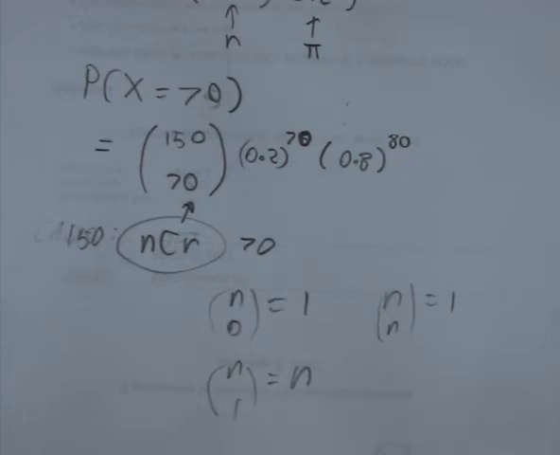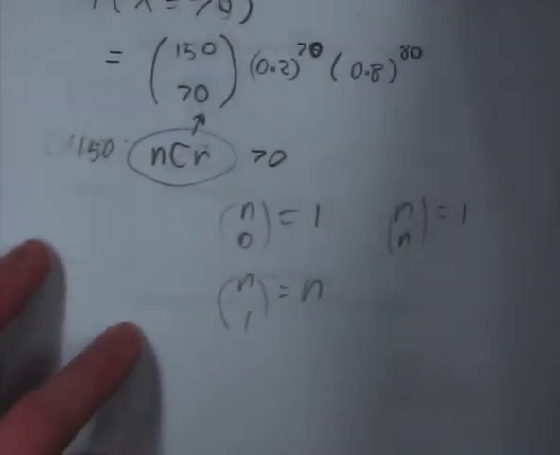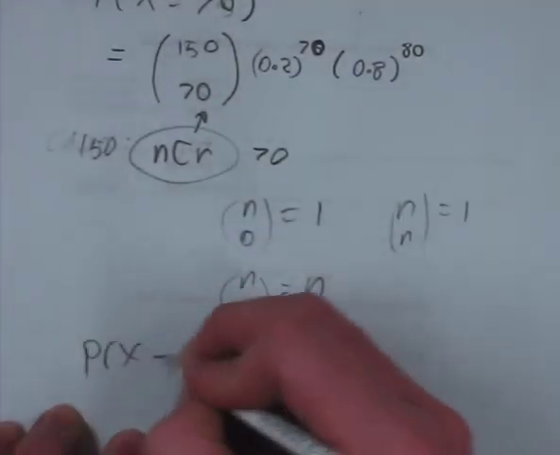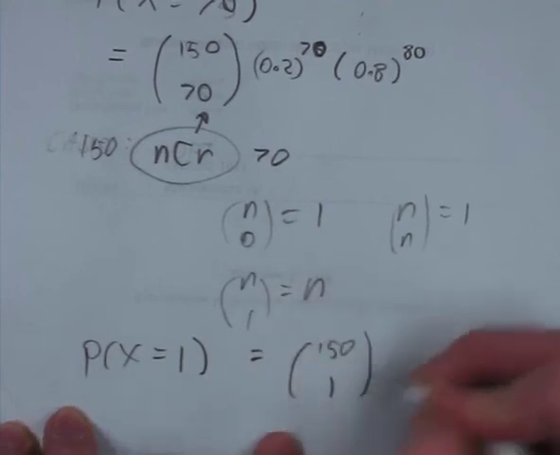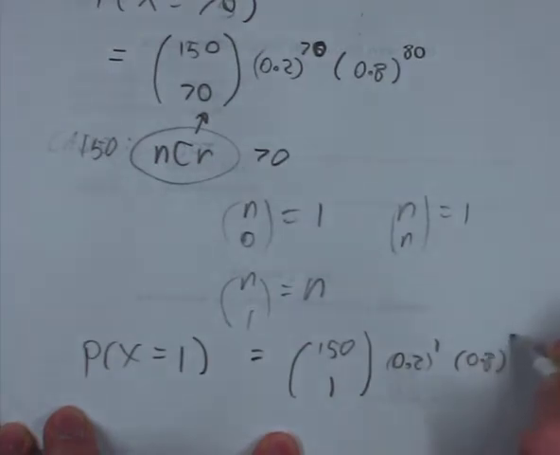So if I want to know what's the probability that one student leaves, it would be 150 in that spot instead of 150 choose 1. Okay? So just as another example, the probability that x is equal to 1 would be 150 choose 1 times 0.2 to the 1 times 0.8 to the 149.